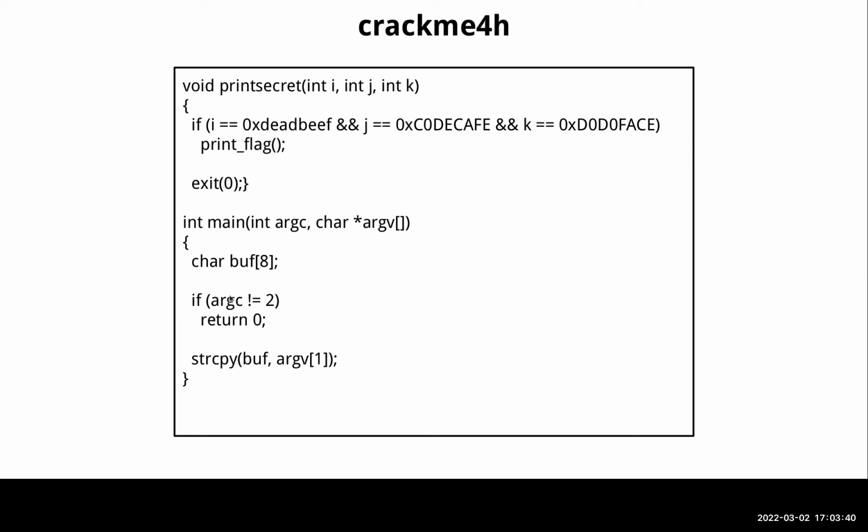And because of that, you will overflow the stack of the main function. The goal is to overflow the stack of the function and set up the parameters for print secret. So eventually you go to print secret and compare those 3 arguments. Then you can print the flag.